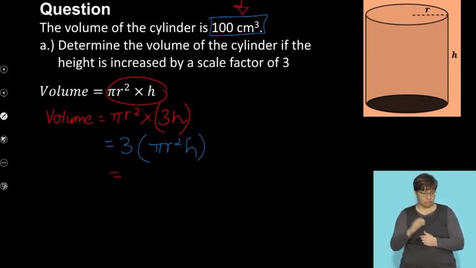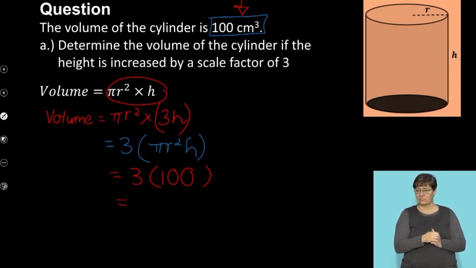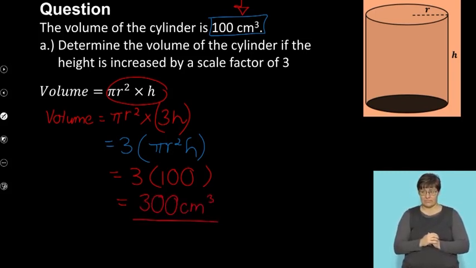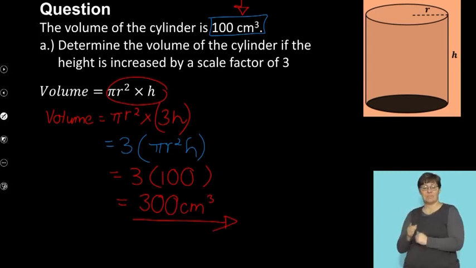So this means I'm going to have 3 times my original volume, which is 100, which means that the new volume of the cylinder, when the height has been increased by a scale factor of 3, will be 300 centimeters cubed. So we can see as my height changed by a scale factor of 3, this influenced my calculation because my new volume will be 300 centimeters cubed. Great, let's go on to B.